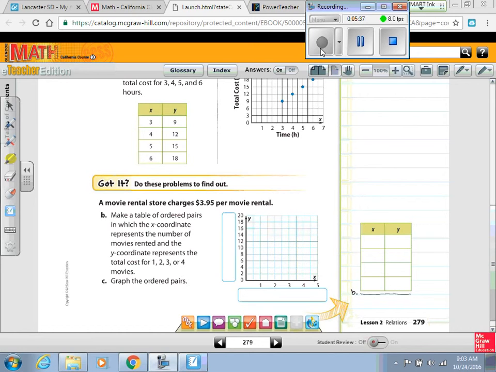So to make the table, they ask for the x-coordinates to be the number of movies rented and the cost for 1, 2, 3, or 4 movies. So number of movies rented is going to be your x-coordinate. And then the cost of the movies.